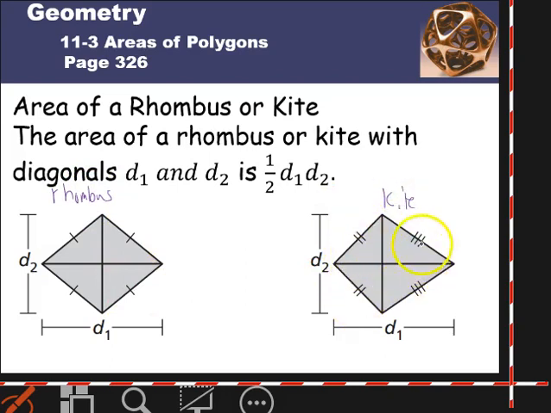These 2 sides are equal, and these 2 sides are equal. And the formula is all of diagonal 1, so this whole length right here, times this whole length right here, divided by 2. And the same thing for the kite: this whole length right here, times this whole length right here, divided by 2.